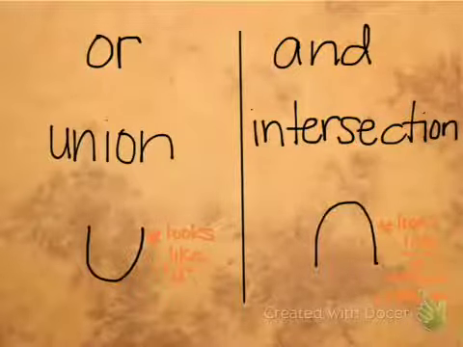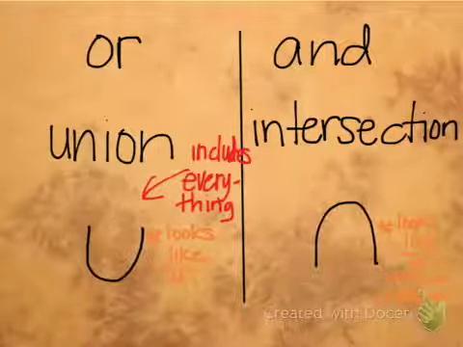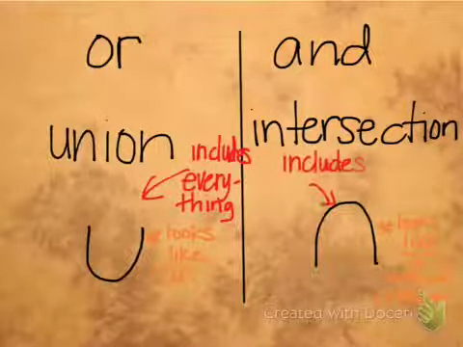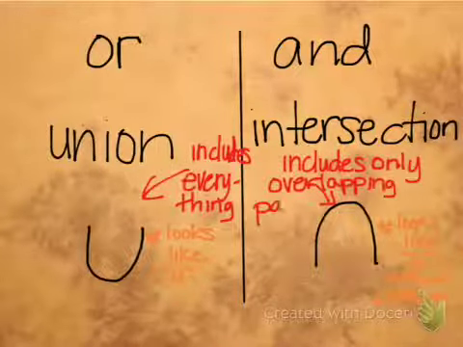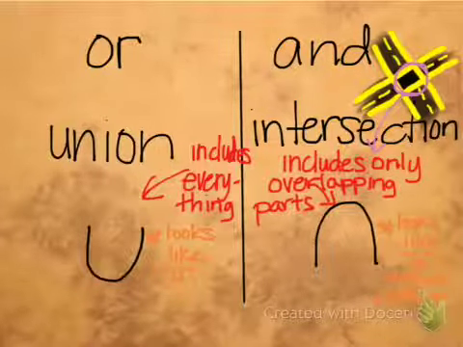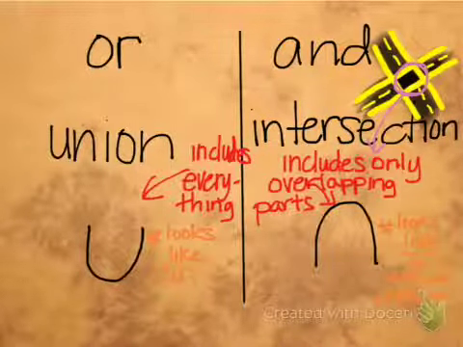The other way to remember the U symbol is to think of a cup that holds everything. It includes everything. The intersection symbol includes only overlapping parts, like a street intersection. If we're talking about the intersection of a street, it's where 2 streets overlap. So it's those overlapping parts that are in the intersection.